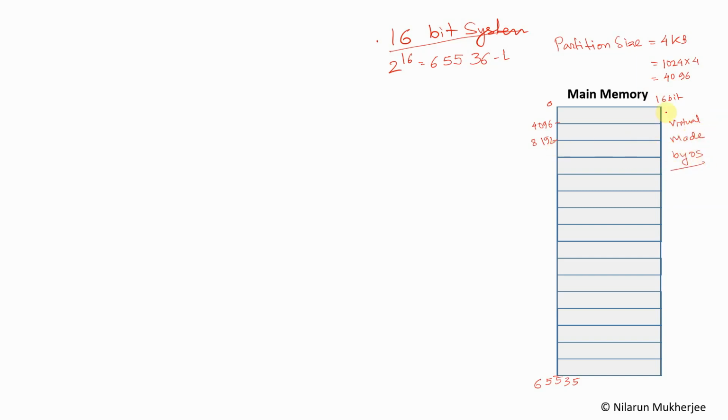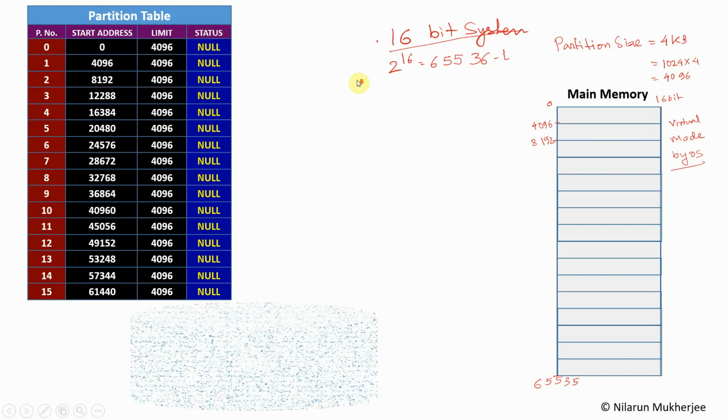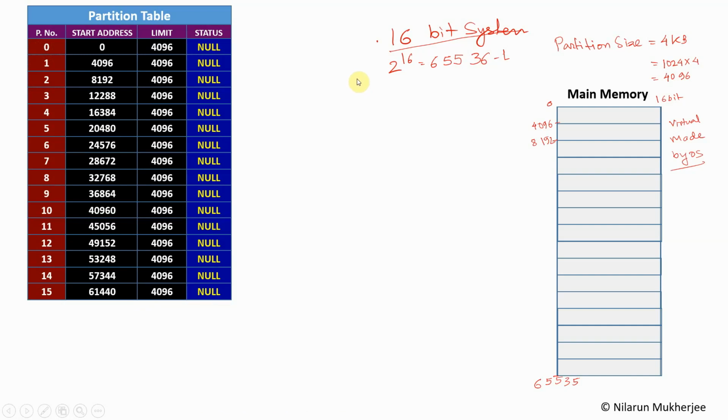So the OS needs to store the division. How does it store the division? It maintains a partition table, which is an OS-maintained data structure applicable for all processes. Here we have a 64 KB memory.